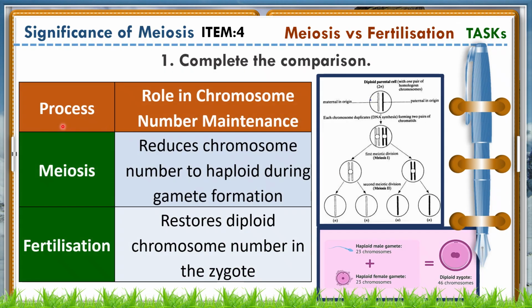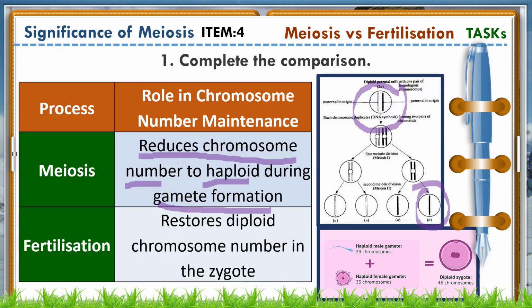Here we have the process and the role in chromosome number maintenance. We start with meiosis. Meiosis, here we say, reduces the chromosome number to haploid during gamete formation. What we have seen up here, from a diploid to haploid.